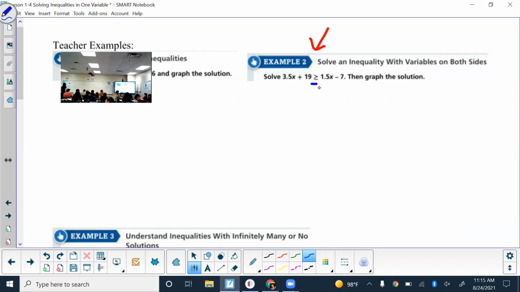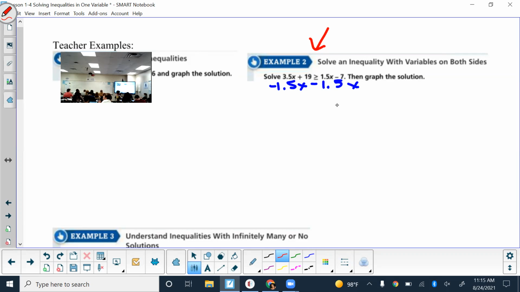How can I make that 1.5x go away? Subtract it, right? So subtract the 1.5x on each side. Questions there? On the left side, what's 3.5x minus 1.5x?